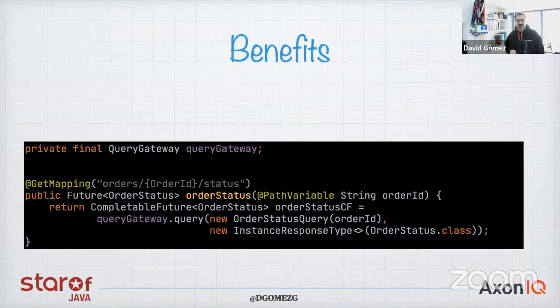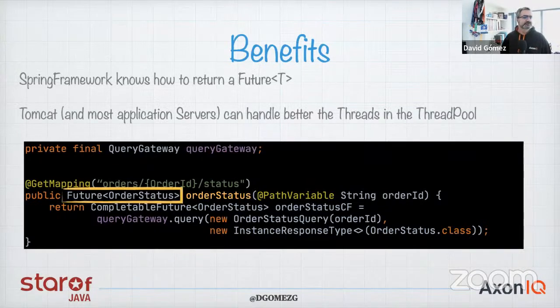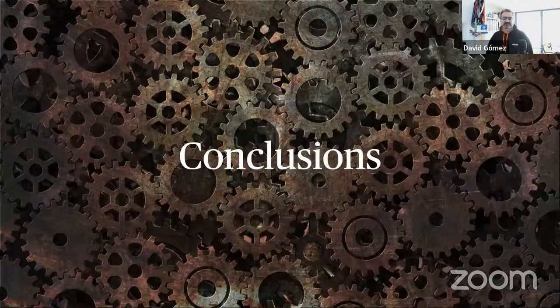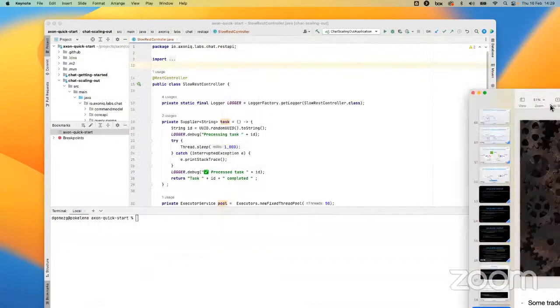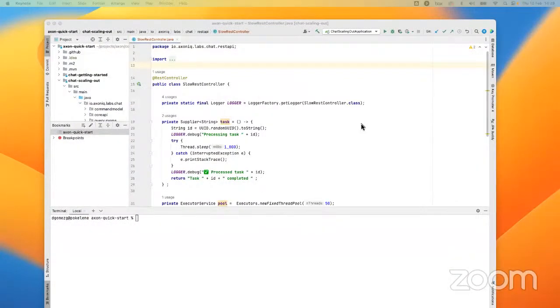So I'm going to skip over this because it's basically what I have done, and I want to show you a little demo on how this is working, and what the benefit of this is.